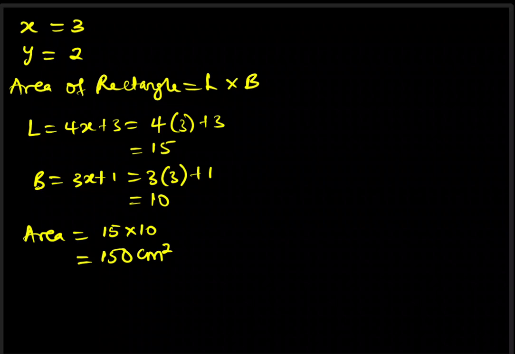So that's how we solve questions like this. When you see shapes like this, you must know the properties of the shapes that will connect the expressions together. If it's a square, you must know that a square has all the sides being equal. A rectangle has opposite sides being equal.